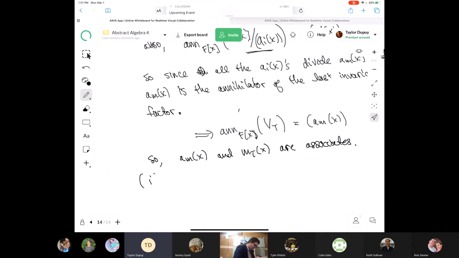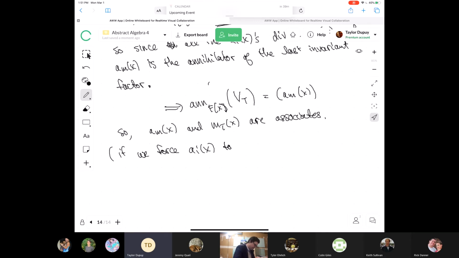And if we force a_i of x to be monic, then a_m of x is m_T of x.